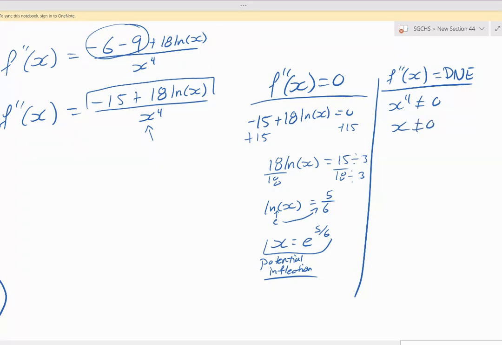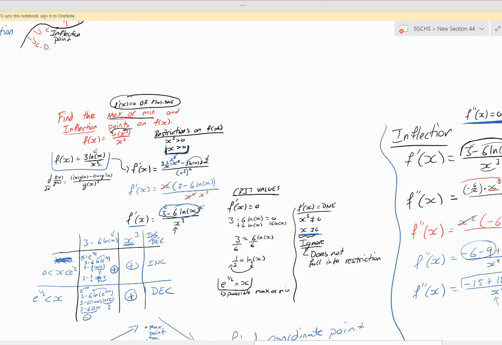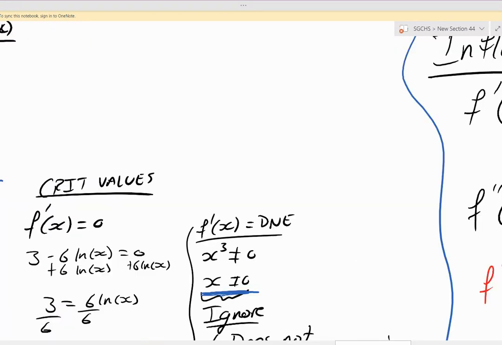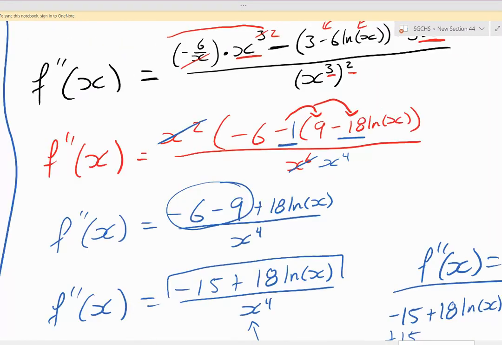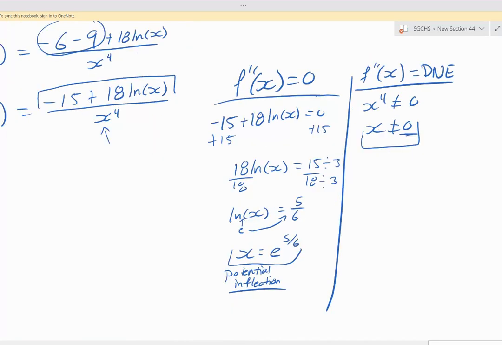Remember, sometimes you will take this into account. This one, not so much, based on the fact that our restriction way back in the beginning simply says that x has to be greater than 0. So we're not really worried about what's happening on the left-hand side of 0 because it can't happen in our original function.